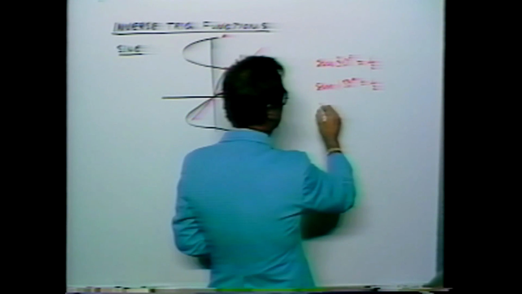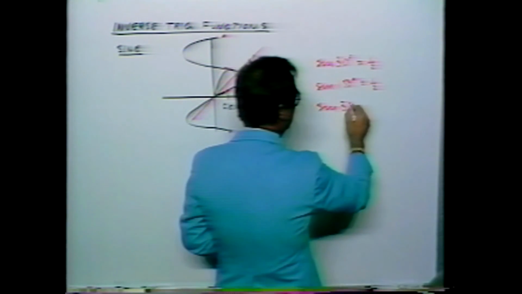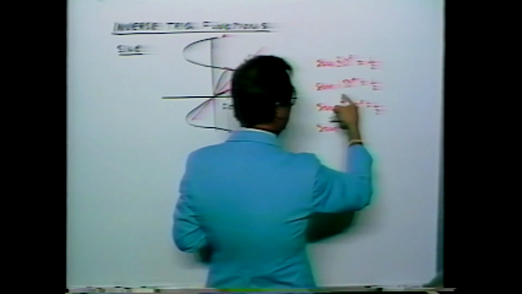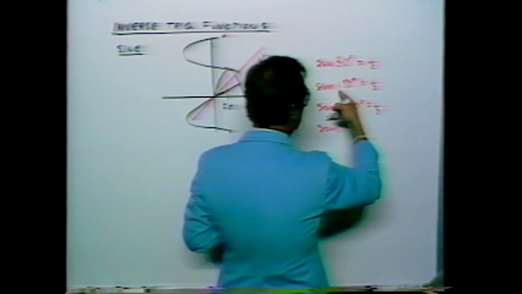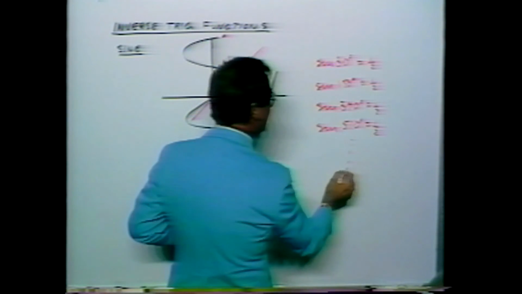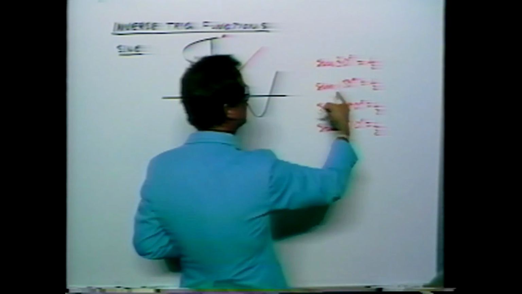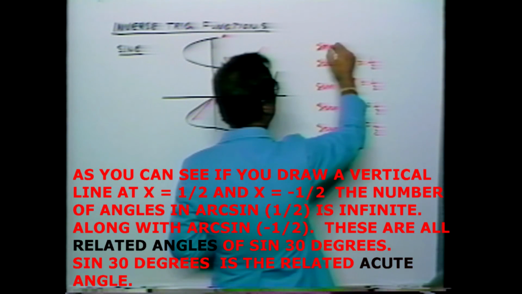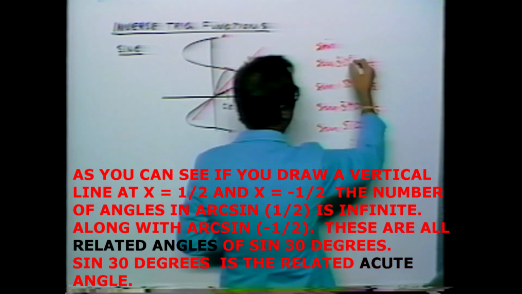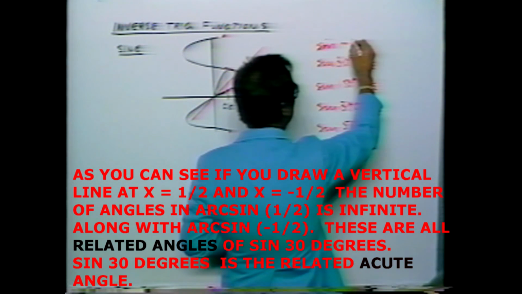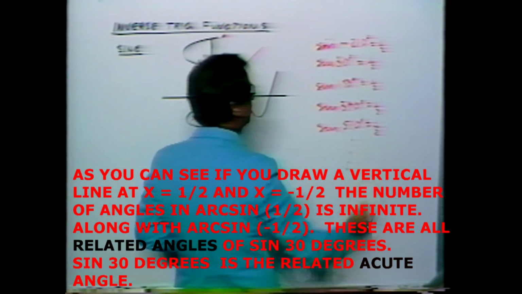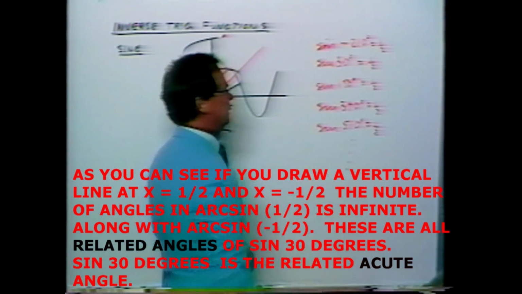We have sine 390 degrees equals 1/2, the sine of 510 degrees equals 1/2, and so on and so on. Also in the opposite direction, for negative angles, the sine of negative 210 degrees equals 1/2, and so on for negative angles.